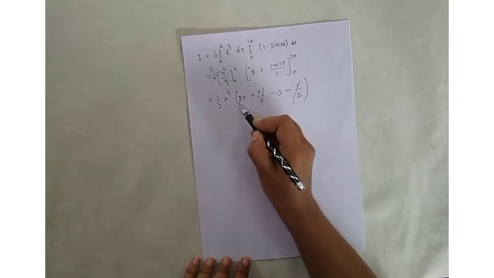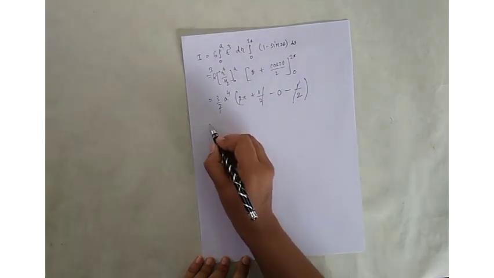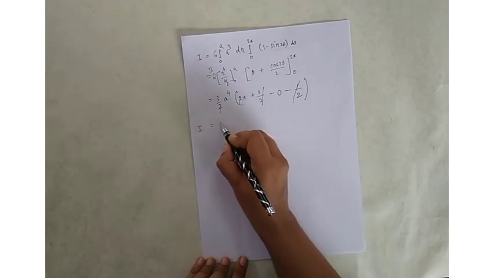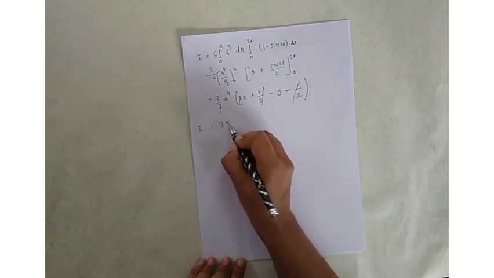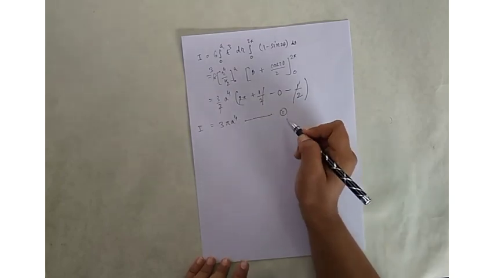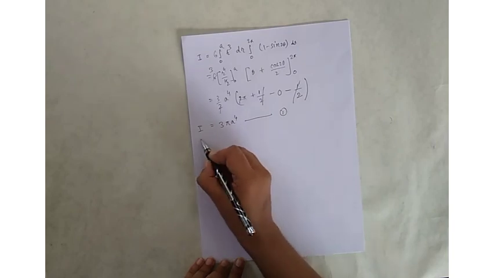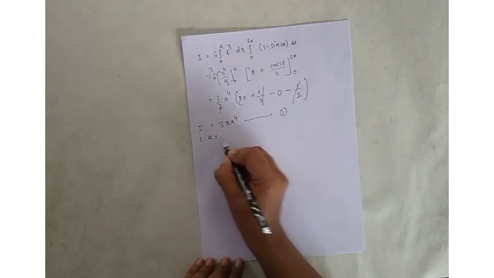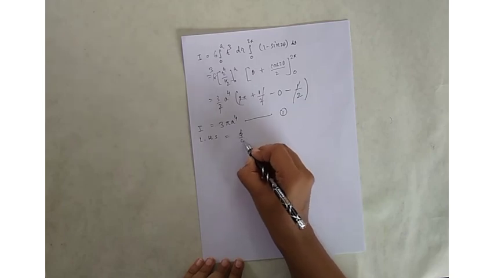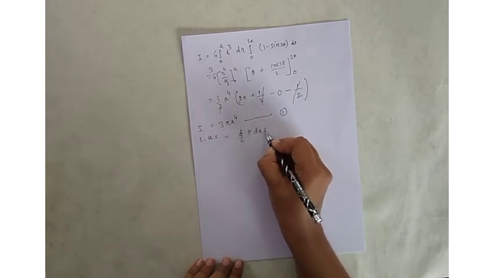Also the 2 cancels, and the value of this right hand side integral is 3 pi a raised to 4. Call this 1. Next, for the left hand side, that is the integration on the closed smooth curve C of p dx plus q dy.